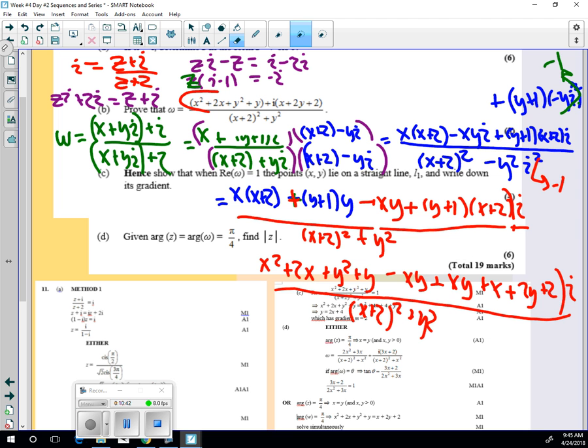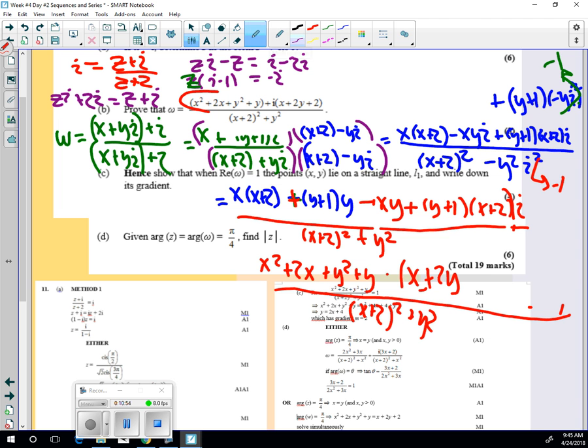This is just going to be plus (x plus 2y plus 2) i. And that is what I wanted. Just got to watch my minus signs there.